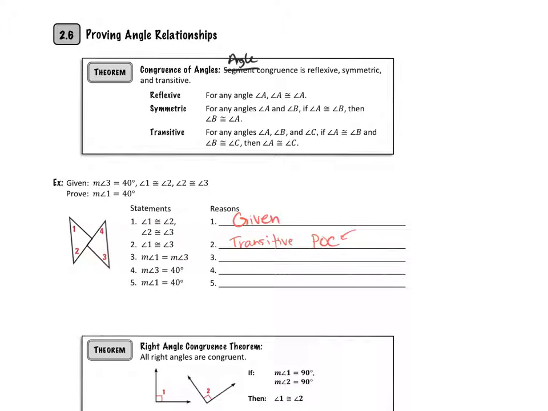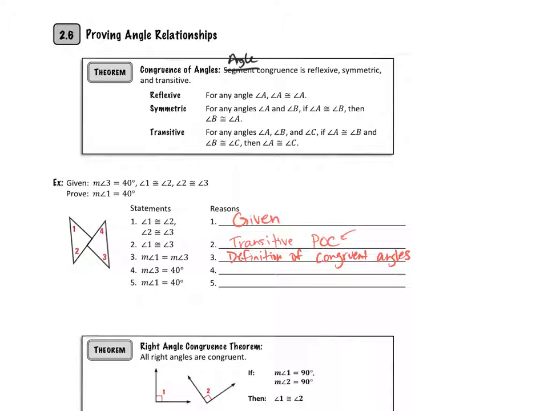But from statement 2 to statement 3, we've gone from a congruency statement to an equality statement. We will use our definition of congruency, but instead of congruent segments, this is now congruent angles.